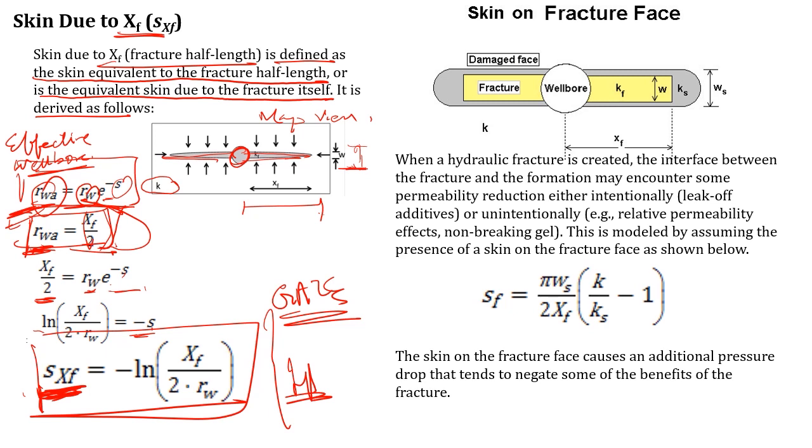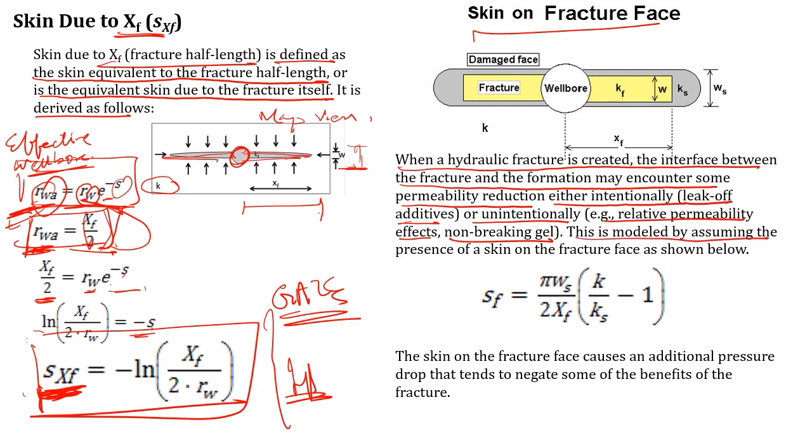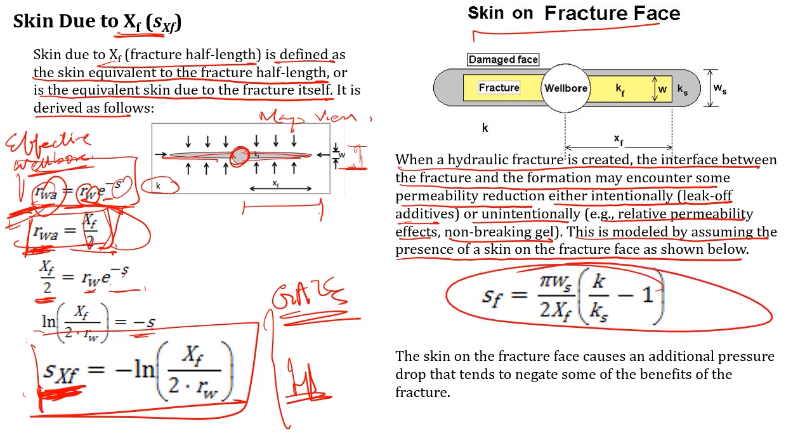Now coming to skin on the fracture face. When a hydraulic fracture is created, the interface between the fracture and the formation may encounter some permeability reduction, either intentionally, that is leak-off additives, or unintentionally, for example relative permeability effects, non-breaking gel, etc. This is modeled by assuming the presence of skin on the fracture face, as shown in the figure. This will be the formula that I will be applying.